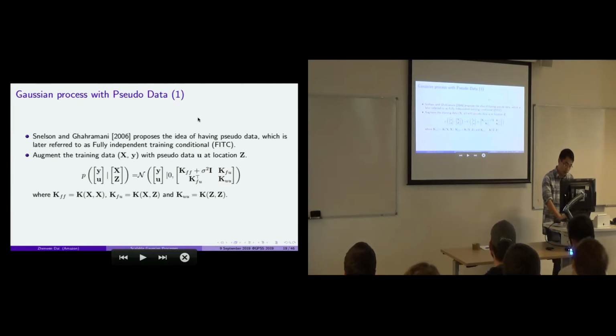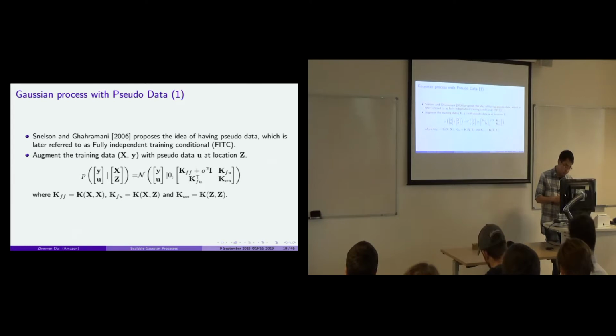Along this line of ideas, one of the first methods is called FITC, which is known as the fully independent training conditional. The idea is that they first introduce the pseudo data as a small number of data points which are not observed, but are jointly modeled together with our original data.